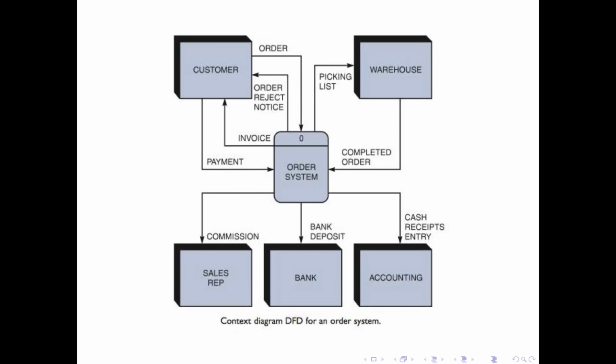In this example, you see an ordering system, that is our software system, and the customers are there. Customer goods come from the warehouse. Once the customer has paid, you will get different outputs based on commission, bank deposit and cash receipt entry.